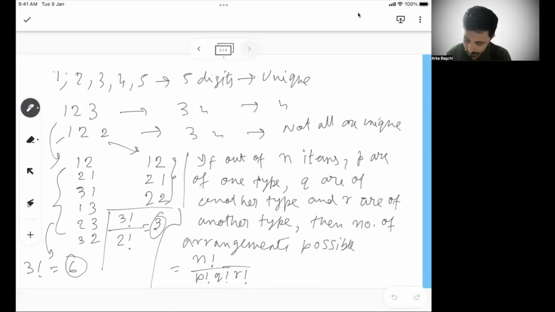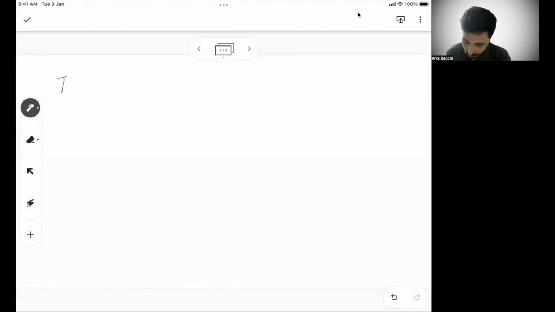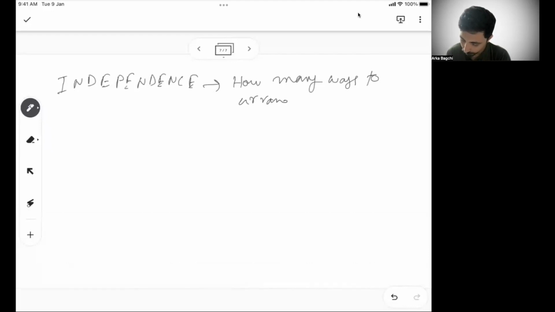So for example, let's take the word independence. How many ways to arrange it? Now, if we have to do this, how many letters does it have? 1, 2, 3, 4, 5, 6, 7, 8, 9, 10, 11, 12.